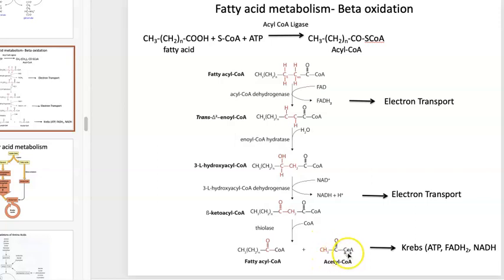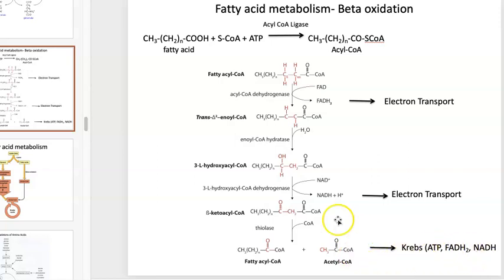And then this acetyl-CoA can then be metabolized to make energy, reducing power, and more in terms of FADH2 and NADH. So you're making reducing power. So each time you do a modification of the terminal fatty acid region, you make a ton of reducing power, and all this can dump its electrons into electron transport to make a bunch of energy. But you're also making acetyl-CoA, which directly can go into the TCA cycle to make even more energy and reducing power.